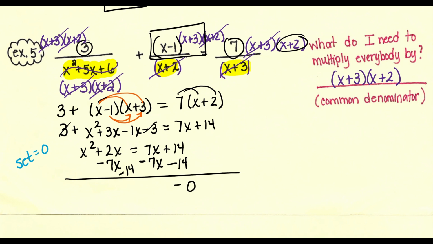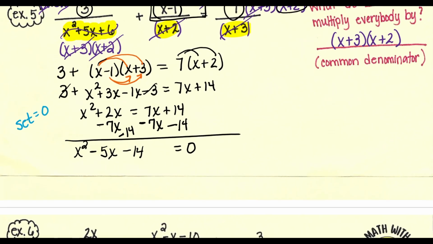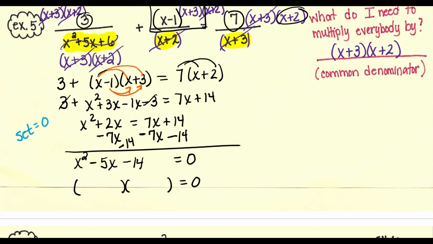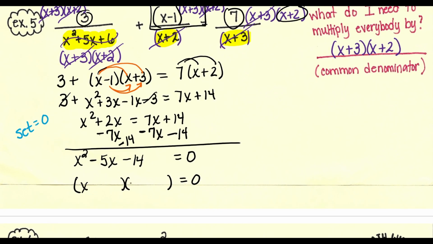That gives me 0 over there. Over here I have x squared, 2 minus 7 is negative 5x, minus 14. This is another trinomial that needs to be factored. So I will say my parentheses, so I'll have x and x.